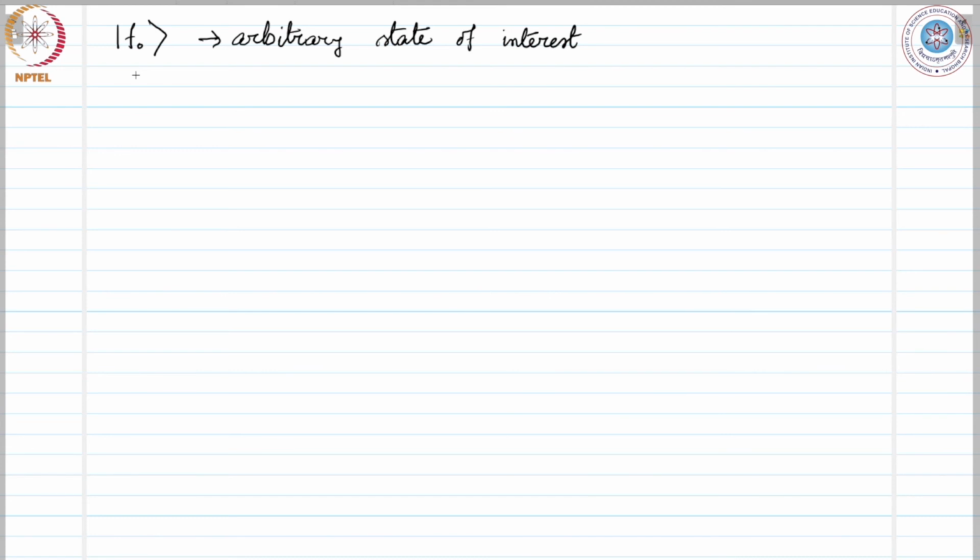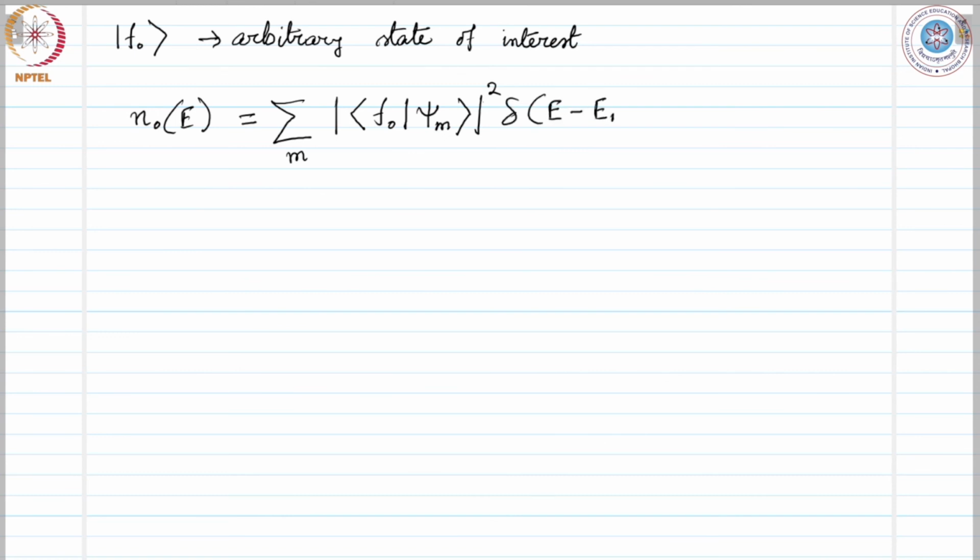So, the density of states projected on any arbitrary state of interest, if we normalize it to unity, we can define it as N naught, a function of energy, equals sum over m, the absolute value of the inner product of F naught and psi m, where psi m is the mth eigenstate, squared, times Dirac delta E minus Em.